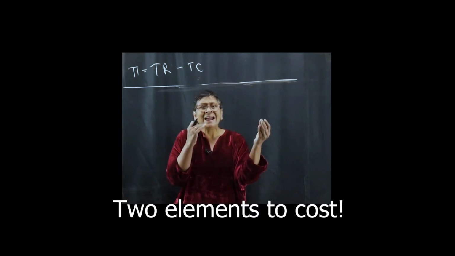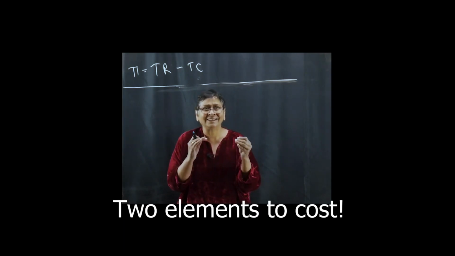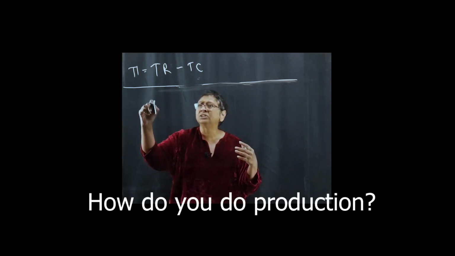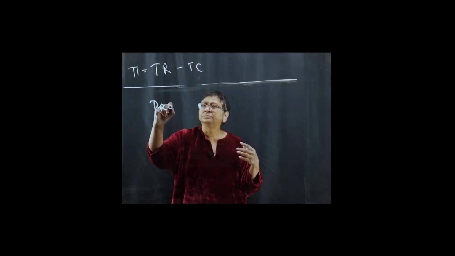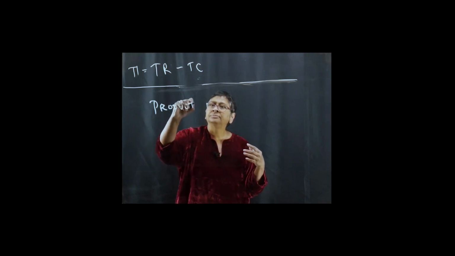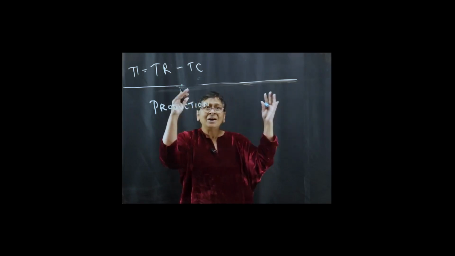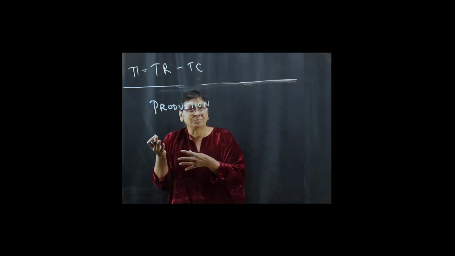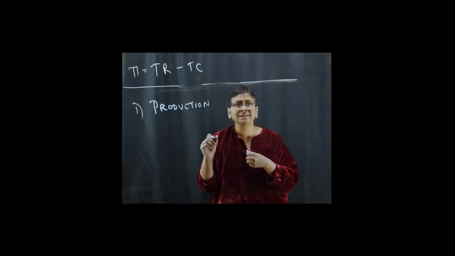And so there are two elements to your cost then. One is, how do you actually do production? How do you actually combine these inputs in order to create an output? So that's the first thing we have to look at.